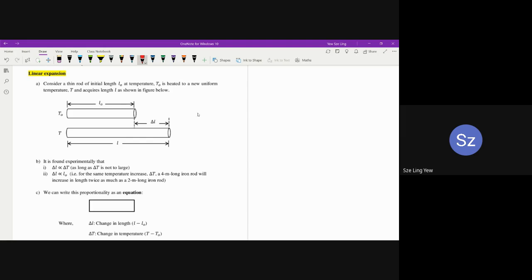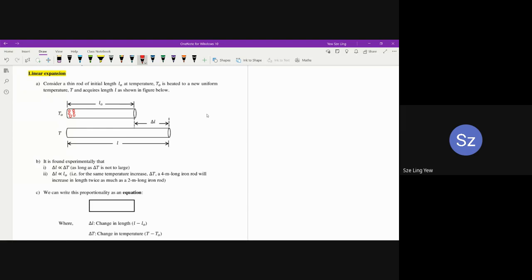Why? Because now the molecules inside vibrate. The amount of molecules is still the same, but now they vibrate with a larger amplitude, and therefore the length increased. If you look at this diagram, it seems like it increased a lot, right? But actually this diagram is a bit misleading.